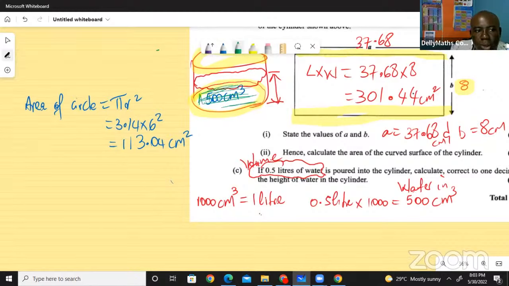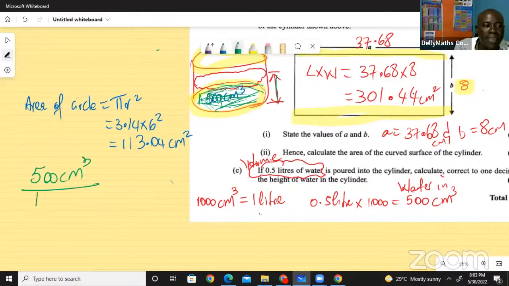It's going to cover the bottom of the container, which is the area, before it starts to rise up over time. So if you divide this 500 cm cube by the area of the circle, which is the base, it's going to tell you how far up it goes.